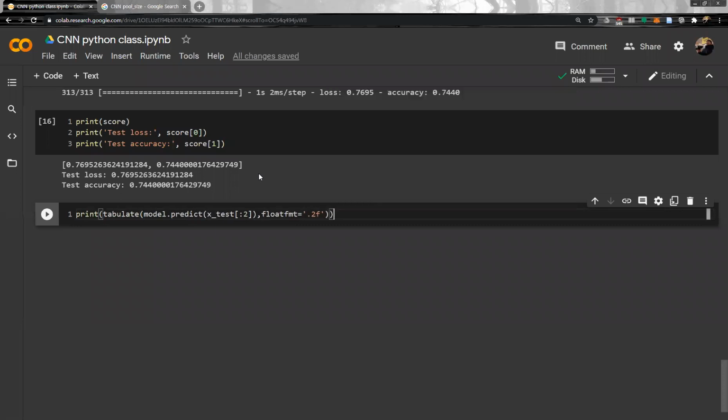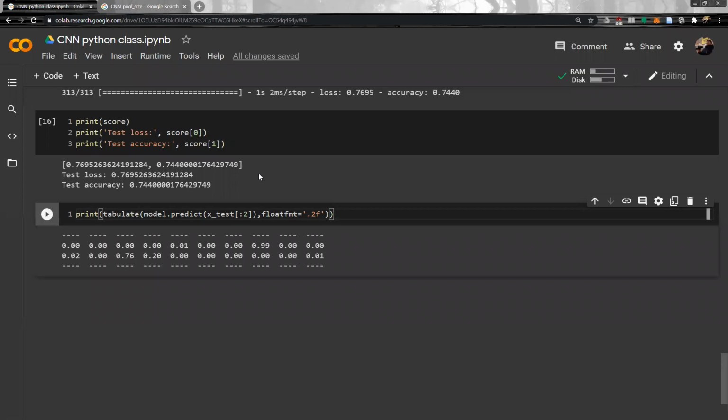Okay, so in the test set, I plug in the first three images, and then the result is that, well, again, it's softmax function, so it gives us the probability. So with 99%, it says it is 7.